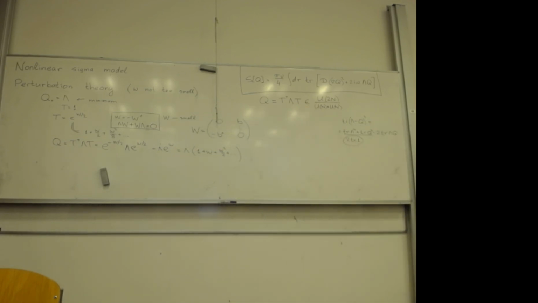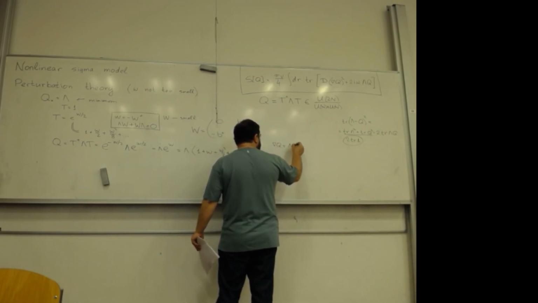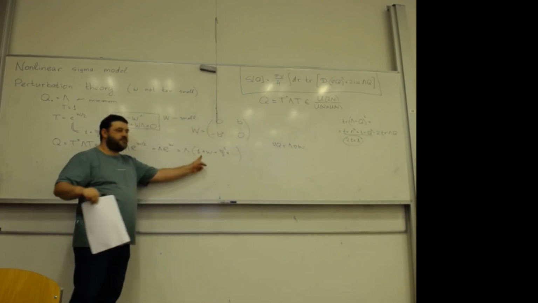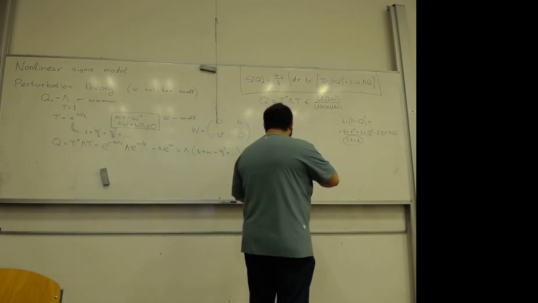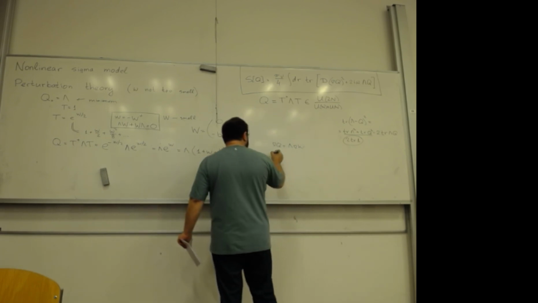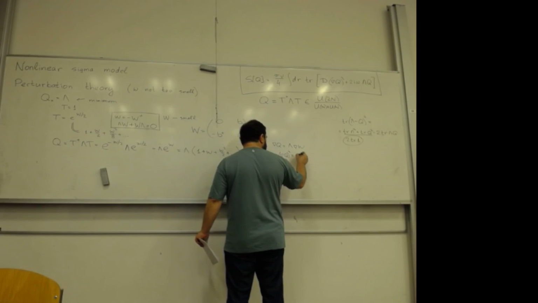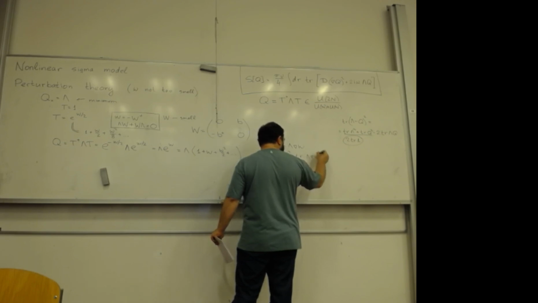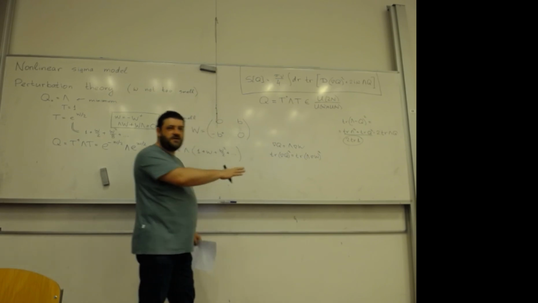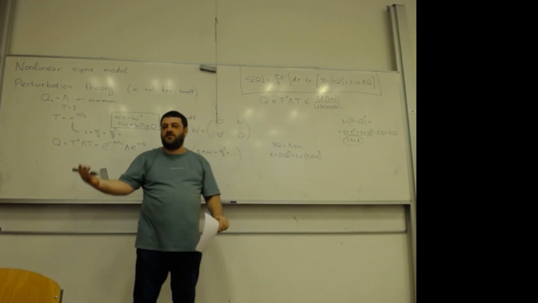Now, if I put this W into this Q and then put this Q into that action, what should I get? It's very easy. Gradient of Q is lambda gradient of W. Gradient of 1 is 0. Then it is gradient of W, and this one I repeated. Trace of gradient of Q squared equals trace of lambda gradient of W squared. You see, I expand only to the second order of W. The action to the second order means that gradient of Q I need only to the first order because it's squared.